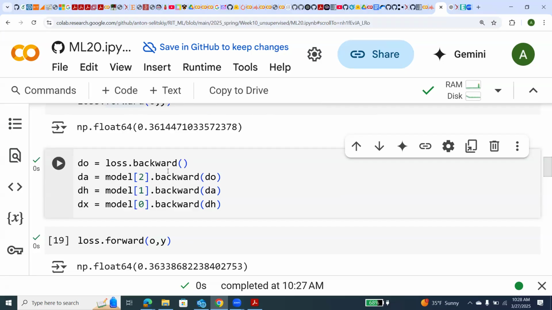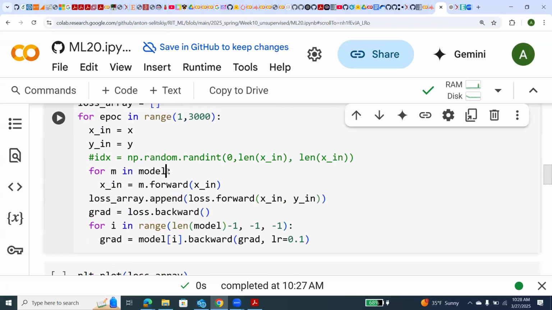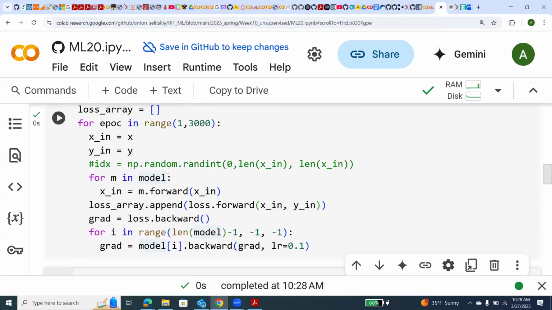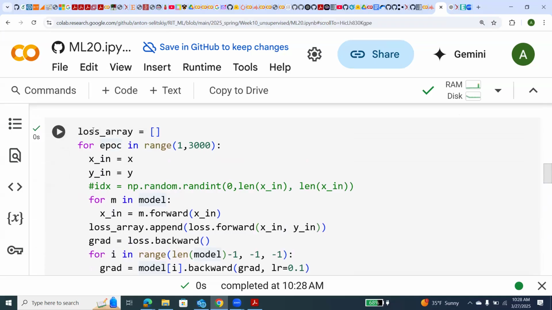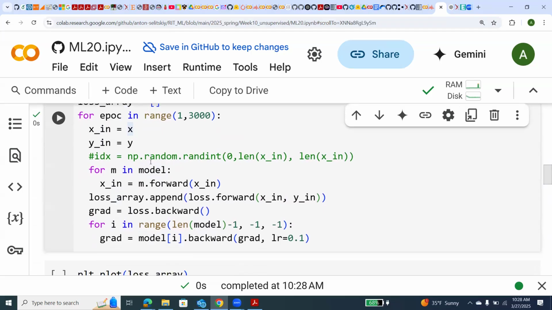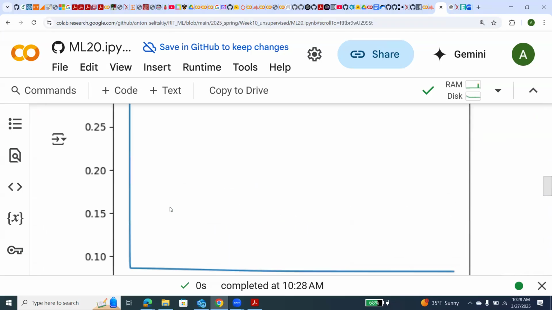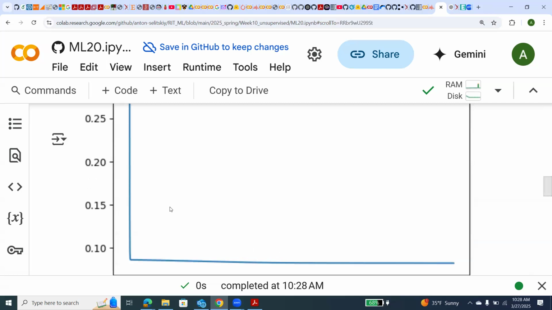Okay, now let's just write a for loop and apply this in for loop. So in for loop, I created array of loss where I memorize the loss. So let's plot the loss function.